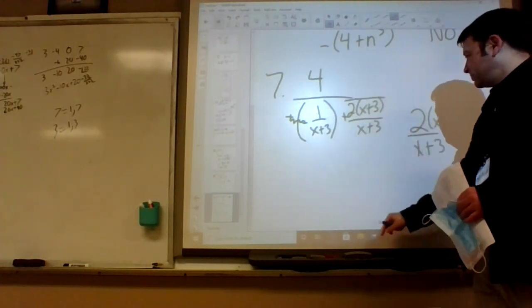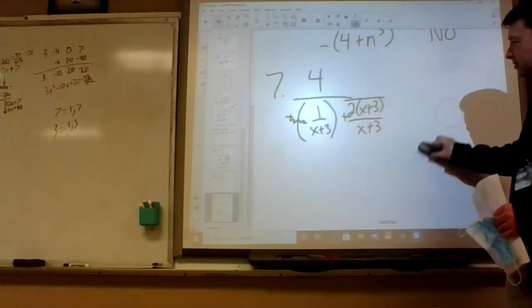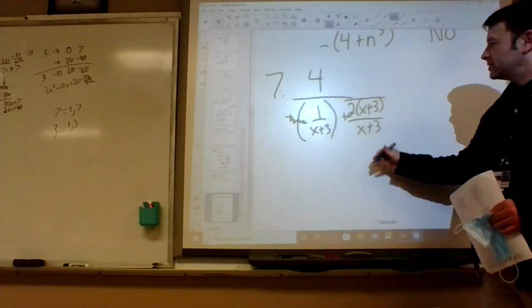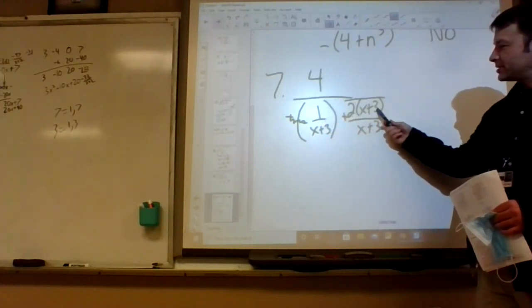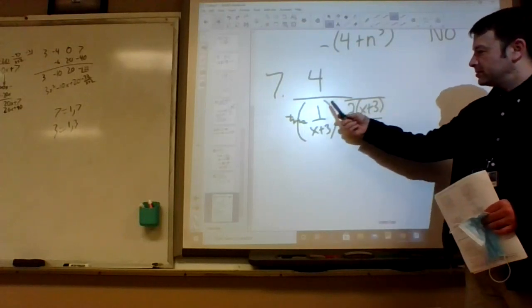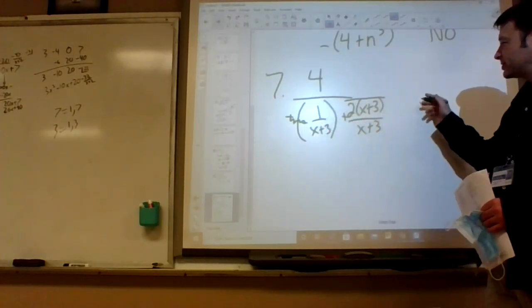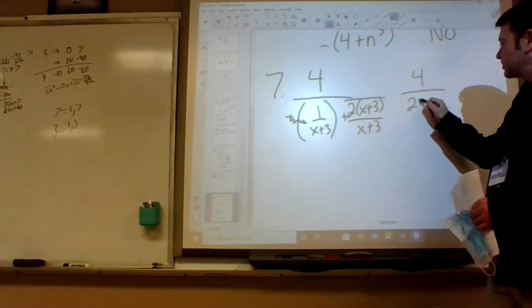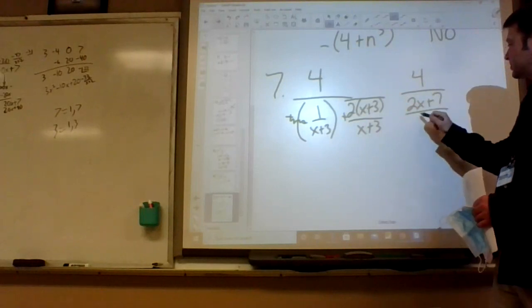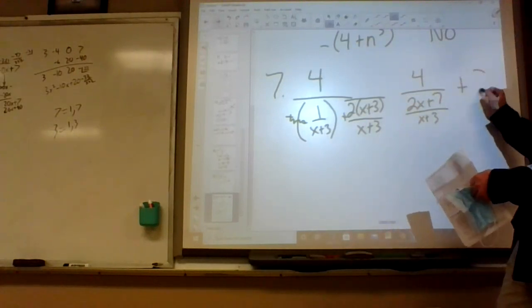This is probably not going to work anyway. There's no way that is a yes, so let's just put no. So basically this is 2x plus 6 right here, plus 1. So it's 2x plus 7 over x plus 3.